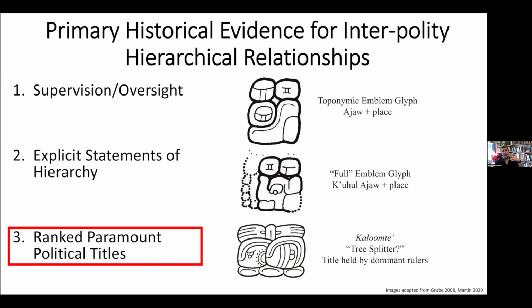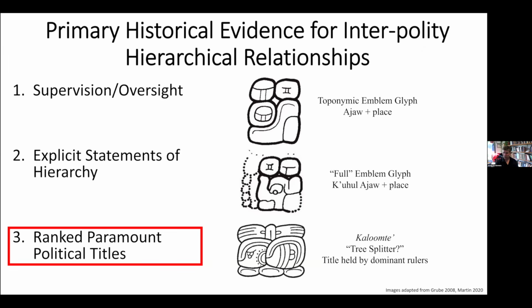And then finally, we have the addition of new political titles to deal with the problem of how do we describe a person who dominates a king? So the Kalomte' title is the most often cited one. We don't know the exact reading of it.